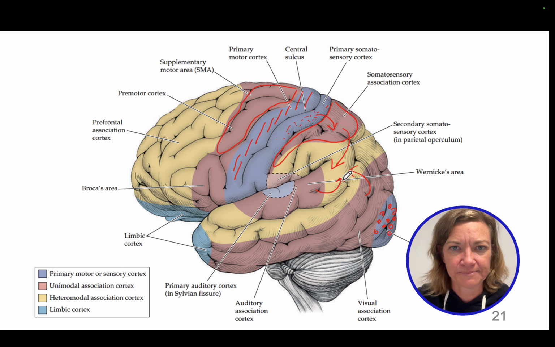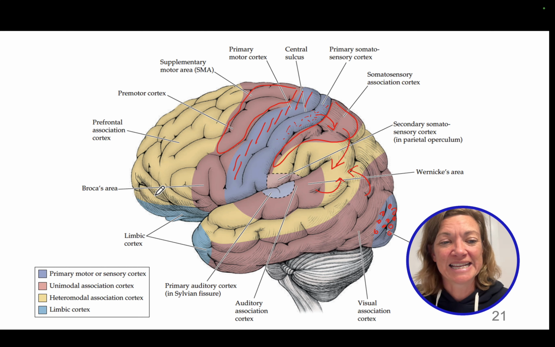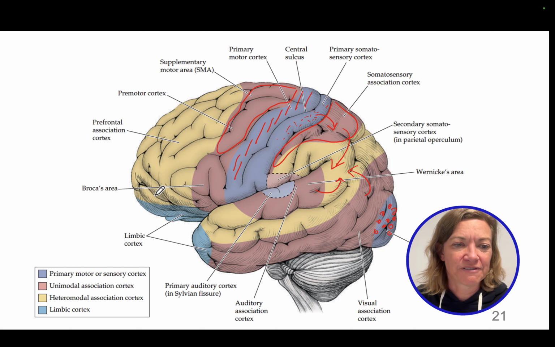And so on. So these heteromodal areas are the most highly integrative. And you can tell, of course, that a large portion of the frontal lobe, almost the entirety of the frontal lobe, is dedicated to integrative heteromodal association cortex.